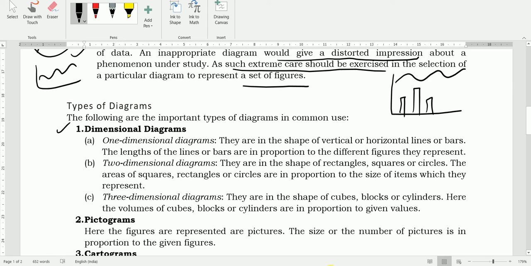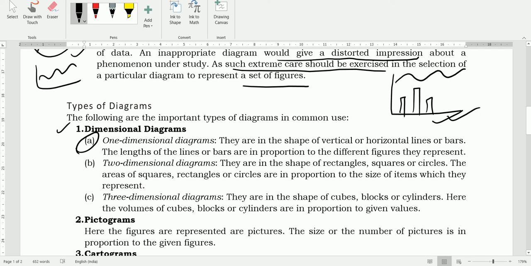The first one is one-dimensional diagram. They are in the shape of vertical or horizontal lines or bars. This one is an example of a one-dimensional diagram.